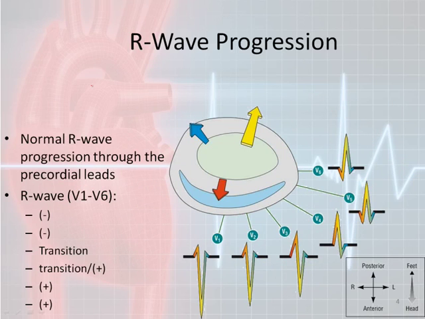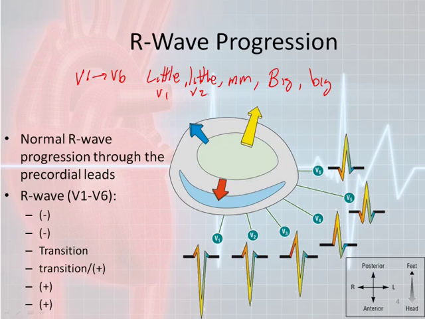And just to briefly review the normal R-wave progression through the precordial leads, in the past I have heard V1 through V6 described as little, little, medium, medium, and then big, big, being V1, V2, V3, V4, V5, and V6.